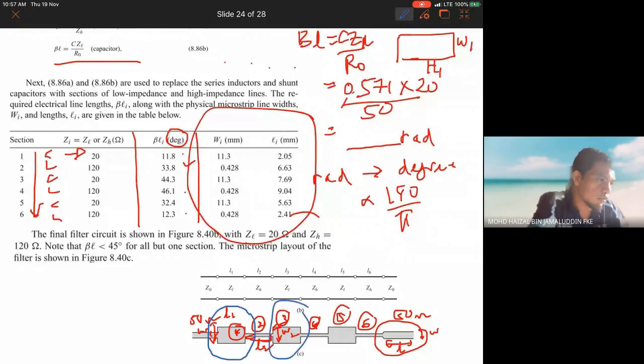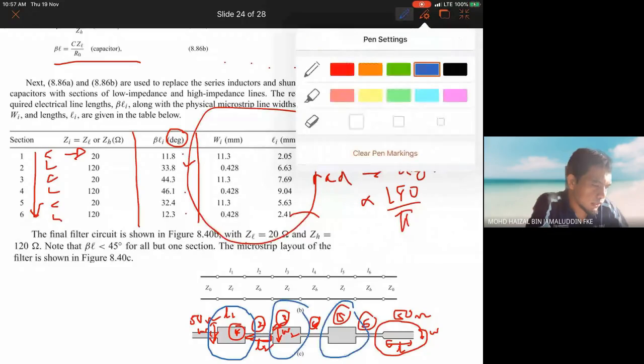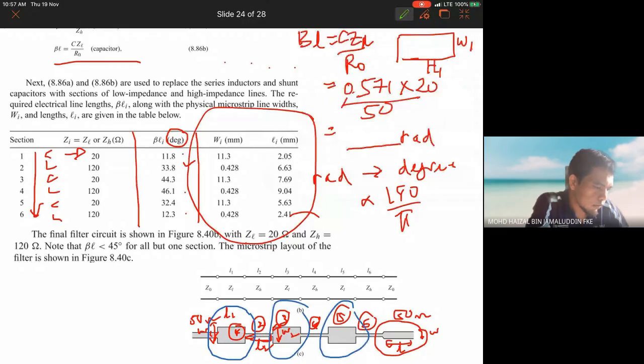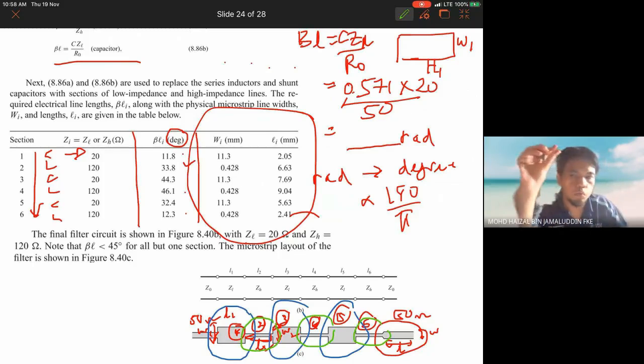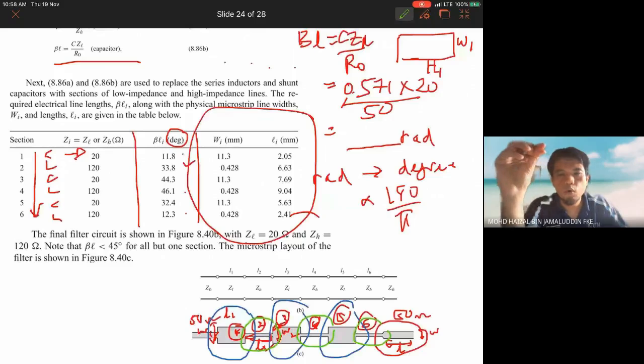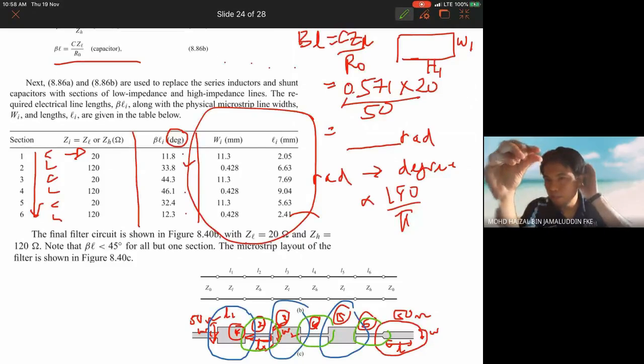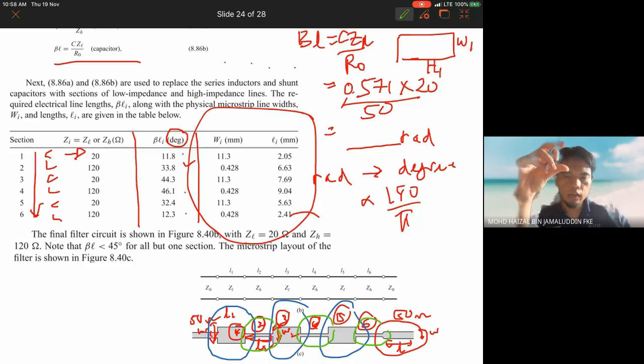But when you're using the Z high, the size of the layout will be small. It is actually the width: high impedance will have a small width, and low impedance representing the high width.